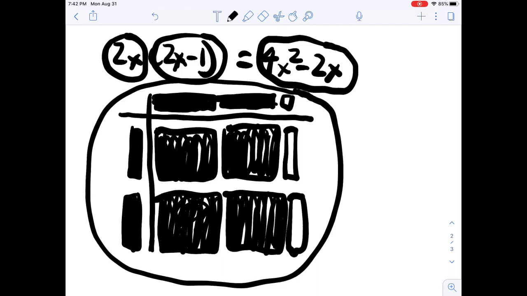And this is the algebra tile diagram. And you don't necessarily have to put these 2 long rods for the 2x on the vertical side. You could put it on the horizontal side and then put the 2x minus 1 on the vertical side of the algebra tile diagram. This is the vertical side and this the horizontal side.